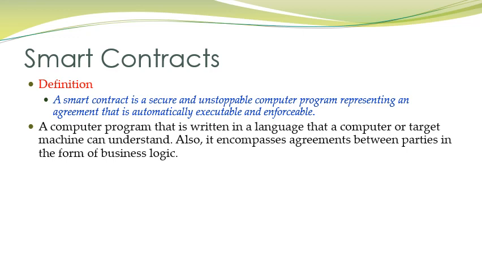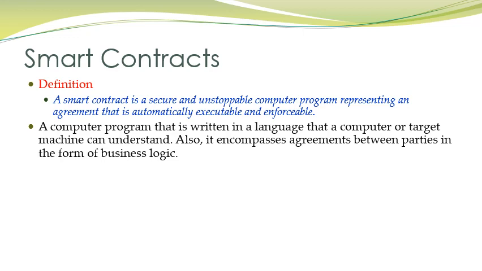In the definition, we have seen that a smart contract is a computer program written in a language that a computer or target machine can understand, and it also encompasses agreements between the parties in the form of business logic.